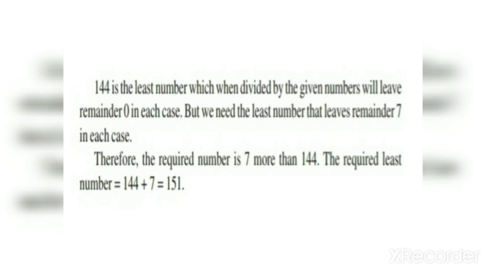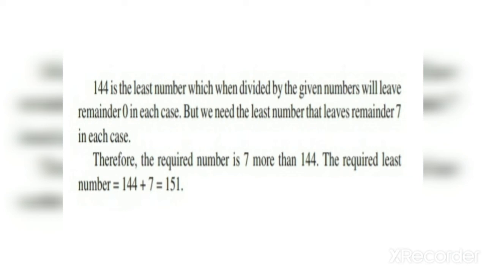But we need the least number that leaves remainder 7 in each case. So the required number is 7 more than 144. We will add 7 to 144. After adding 7 to 144, we get 151. So the required number is 151. In this way, you can solve the word problems related to HCF and LCM.